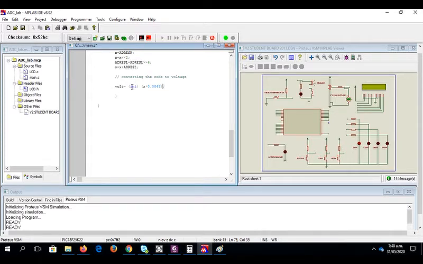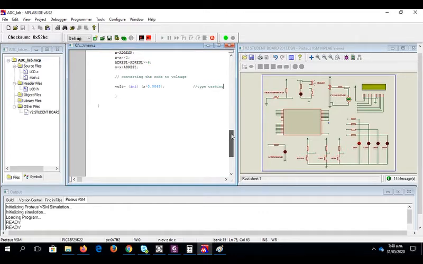I'm writing the type that the result should be. So this is called type casting. Okay, now this result is ready in this volt variable, and it should be from 0 to 5 volt.